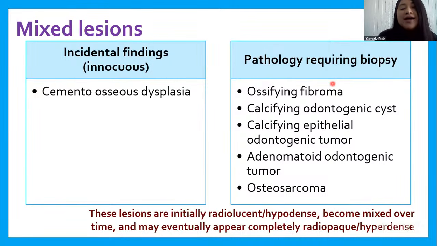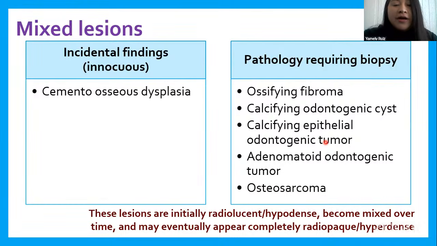We have entities like ossifying fibroma that I showed before, but we have other new entities like calcifying odontogenic cyst, calcifying epithelial odontogenic tumor, the adenomatoid odontogenic tumor, and the osteosarcoma.